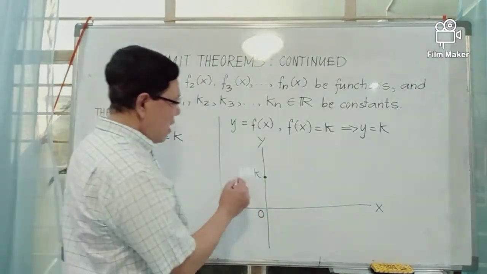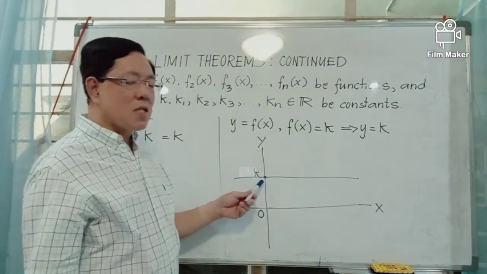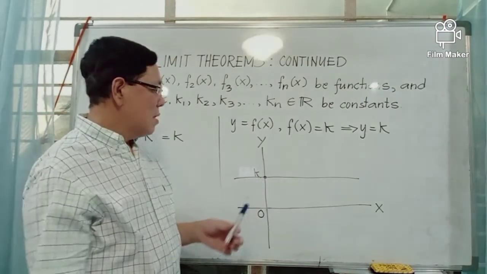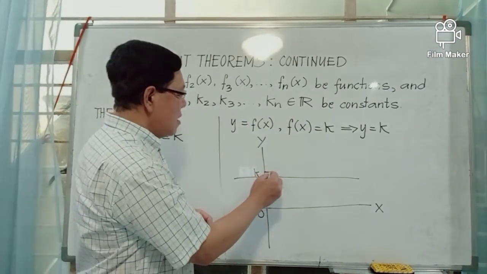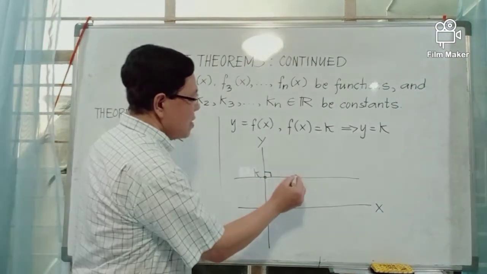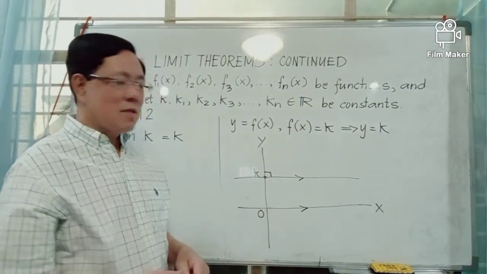So we draw that line passing through this value of y equals k on the y-axis. It's perpendicular with the y-axis and is parallel with the horizontal axis or x-axis.